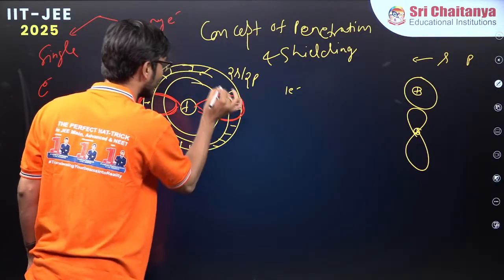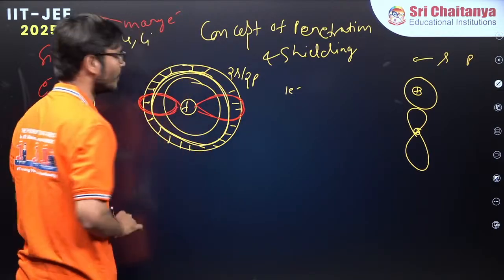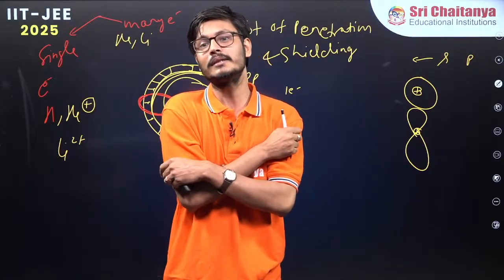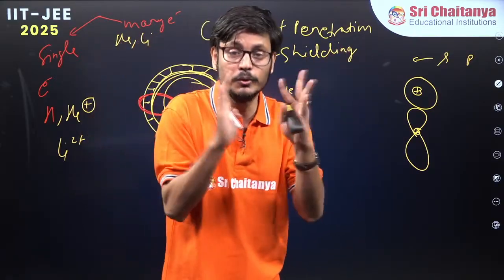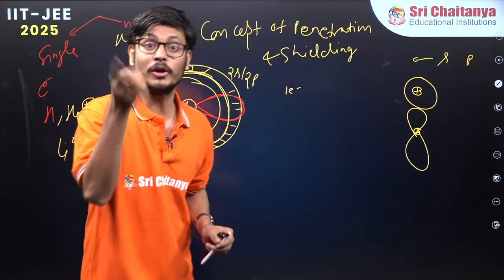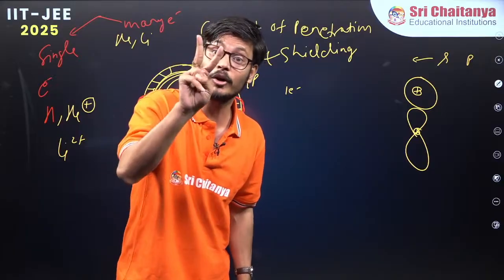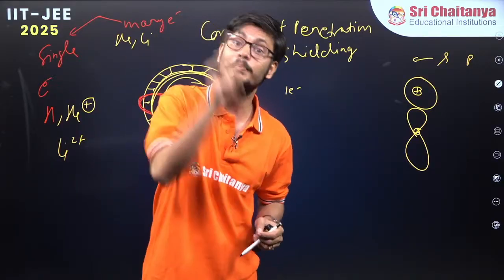Because it has more penetration power, it has come to the nucleus. And once the S orbital has come closer to the nucleus, now magic will happen. There is an electron in the s orbital and an electron in the p orbital, because there were 2 electrons, so there is competition between s and p.